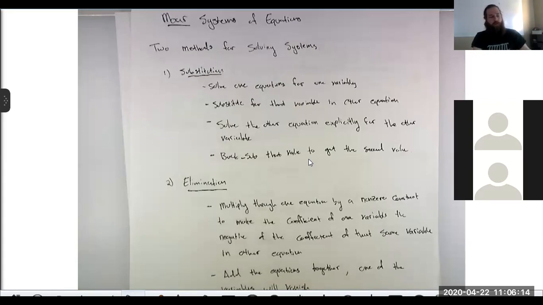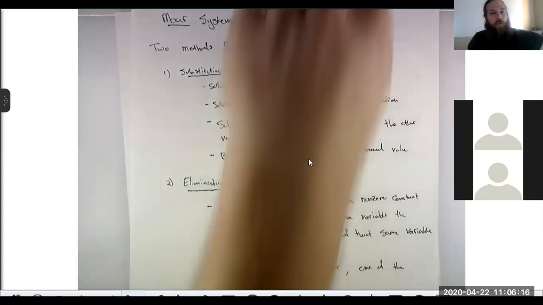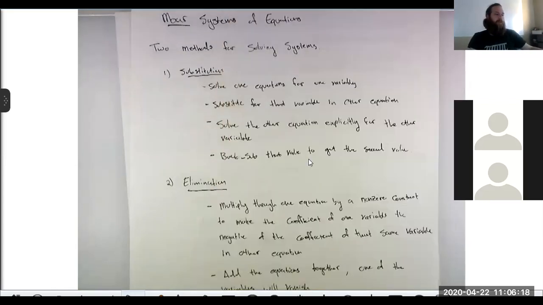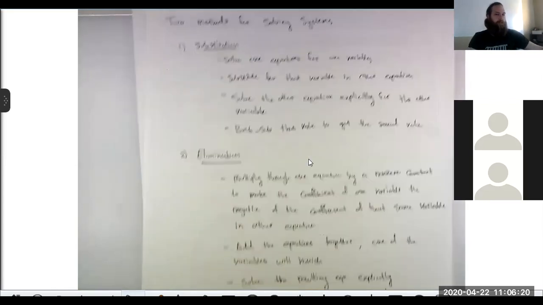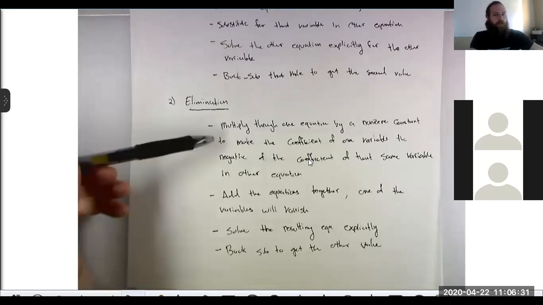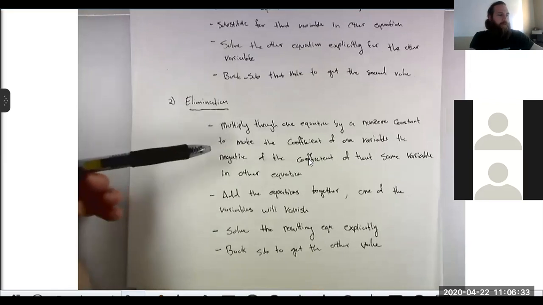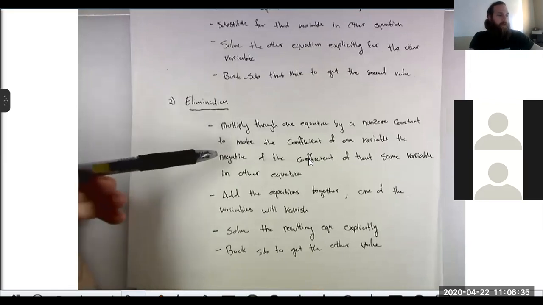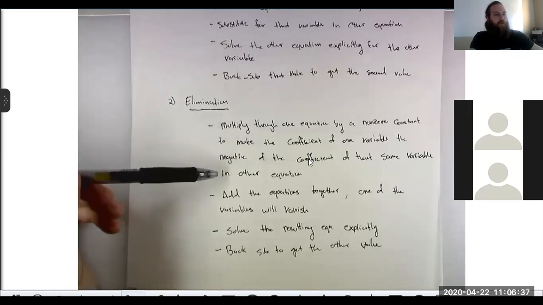That's the big thing. So if I give you a 3x3 system or a 4x4 system, solving that system by substitution would be hell. So instead, we need to learn about elimination. Elimination is where you multiply through one of the equations by some non-zero constant to make the coefficient of one of the variables the negative of the coefficient of that same variable in the other equation.